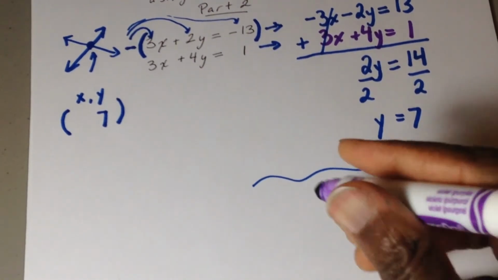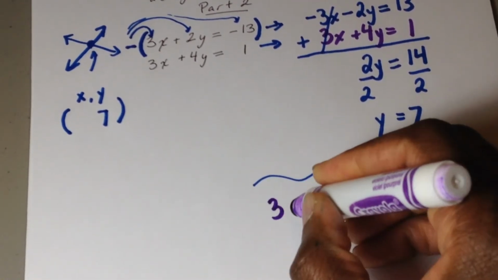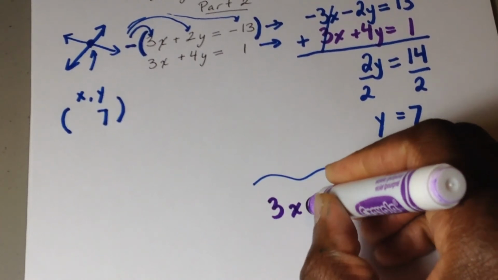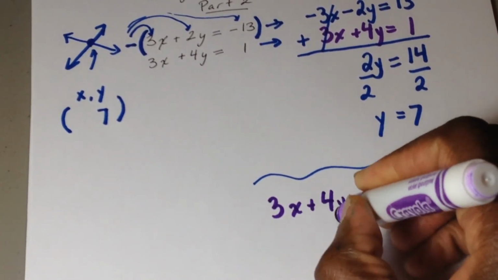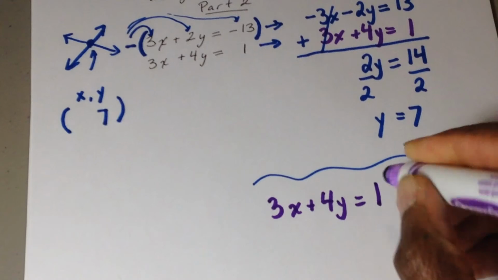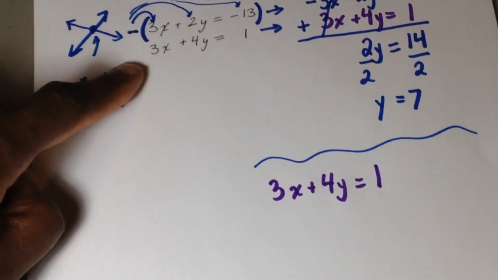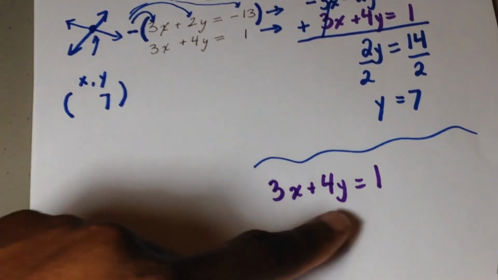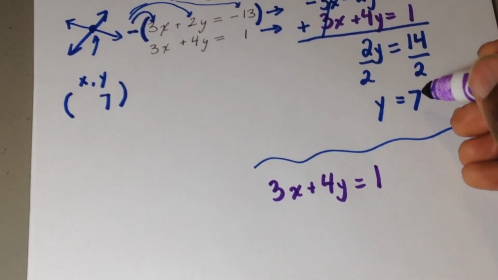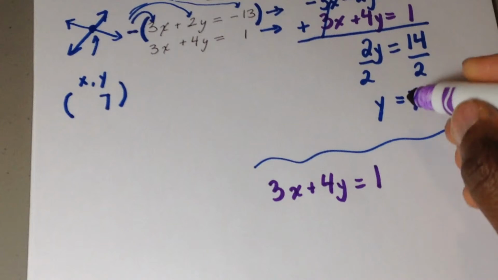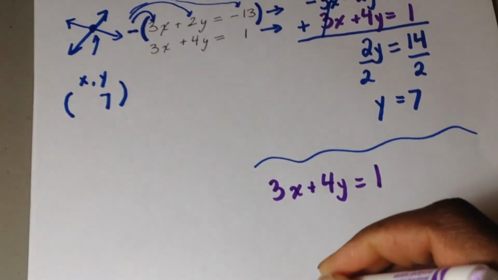So here's what we're going to do. Let's use 3x plus 4y is equal to 1. Let me say it again: you can use any of the equations, but I'm using this one because it's all positive here. Now I'm going to substitute the value for y over here.